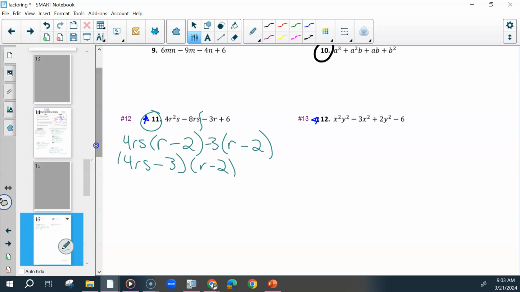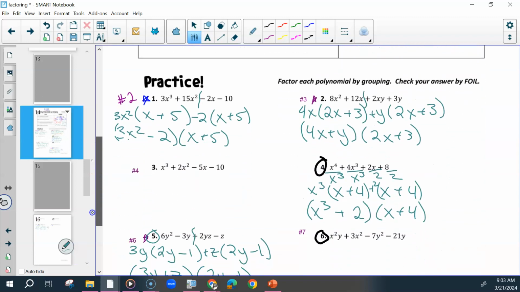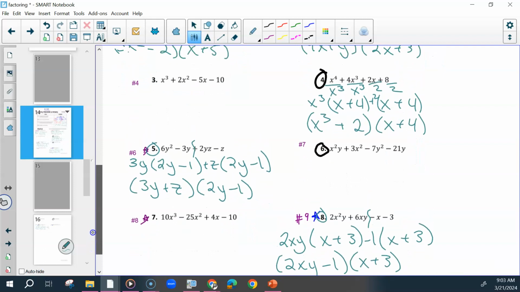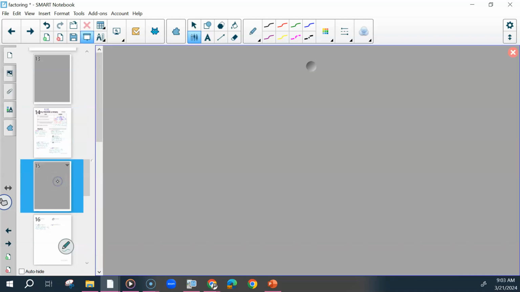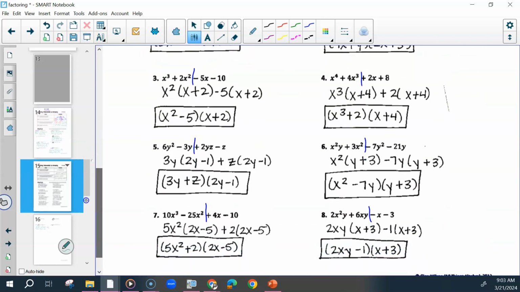I don't know if we did this problem or not. I'll go back and look at it. So we didn't do 3, but these are the answers to it. If we got something like this at the end, but let's say this 5 was a 4, you have to factor these completely, as much as possible.